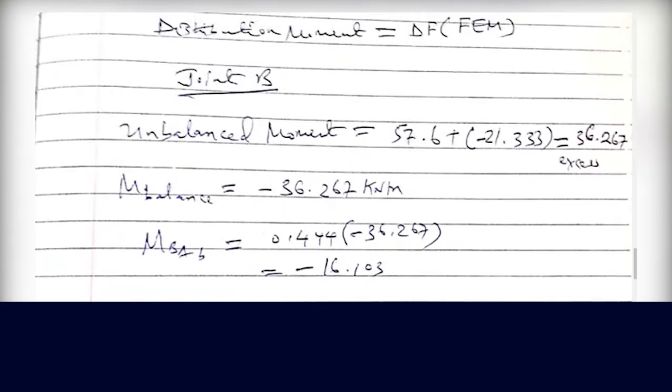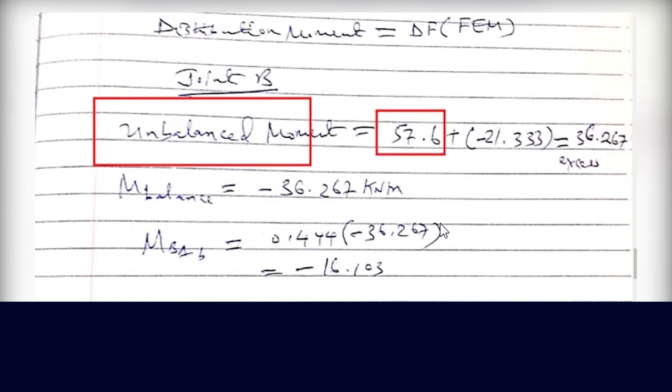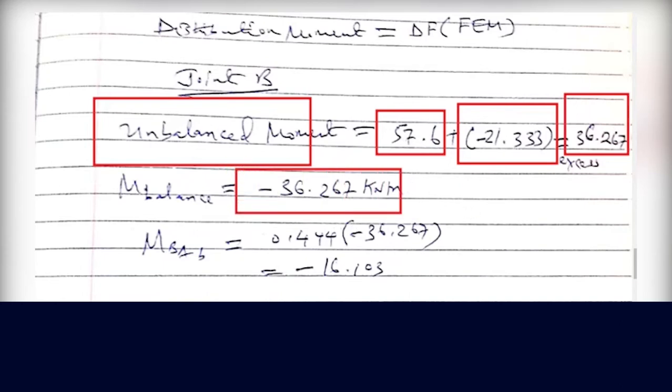Now for the unbalanced moment, if you take 57.6 and add the negative moment, which is 21.6, you have the excess moment of about 36.27. Now this excess moment, in order to balance at that joint B, should be balanced with the opposite value of the moment, so that you can balance at that joint.